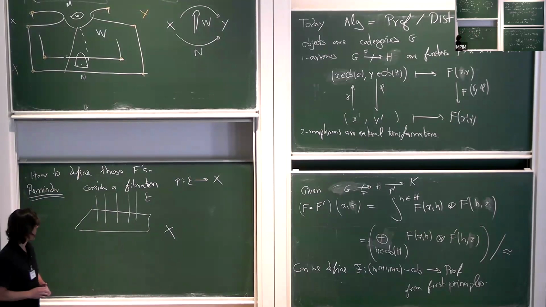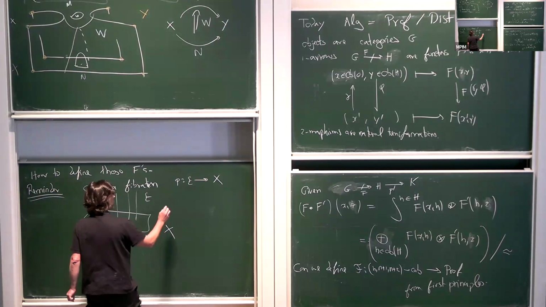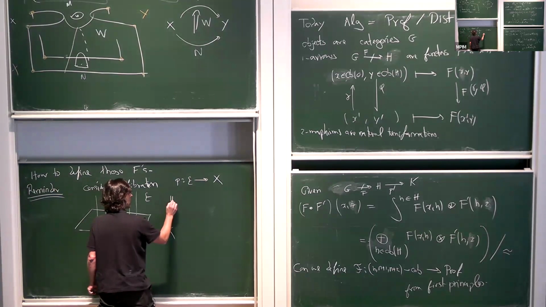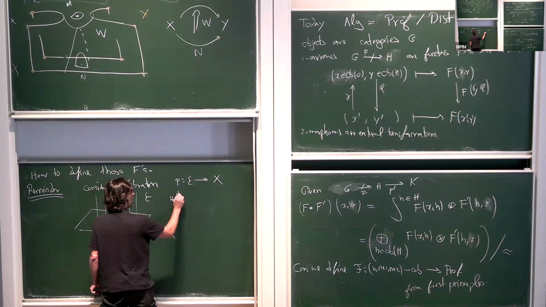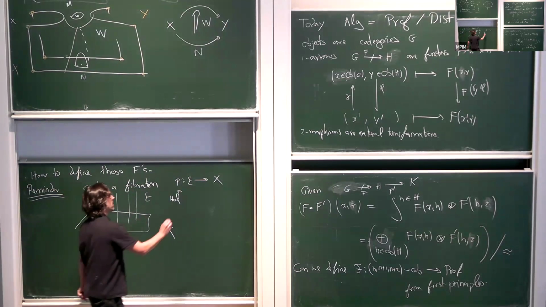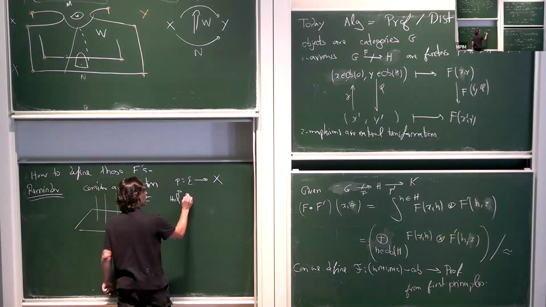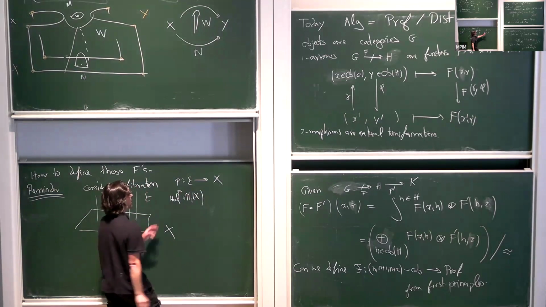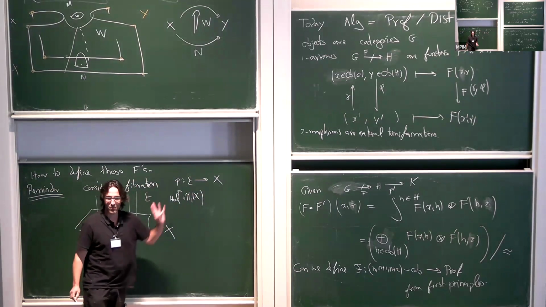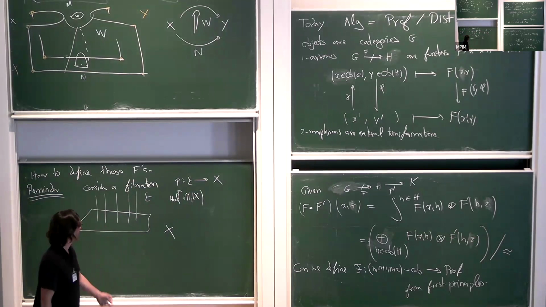Anytime I have a fibration, I can define a functor, which I'm going to call OP, that goes from the fundamental groupoid of X. This is a fundamental groupoid, which I'm going to write as if it was the fundamental group.